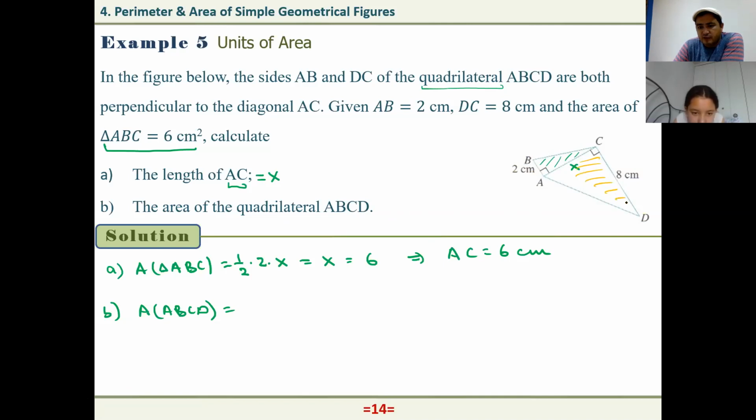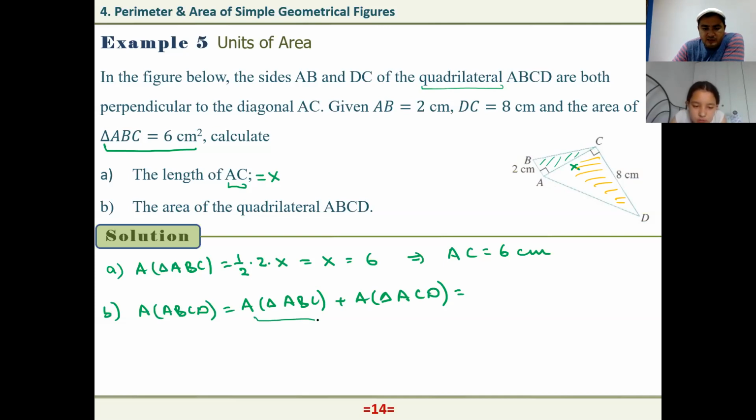If you just add them together, it gives us the area of the quadrilateral. So that is the area of triangle ABC plus the area of triangle ACD.